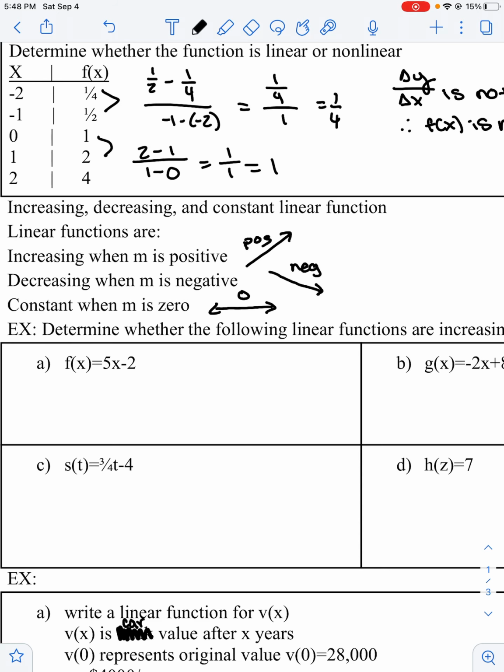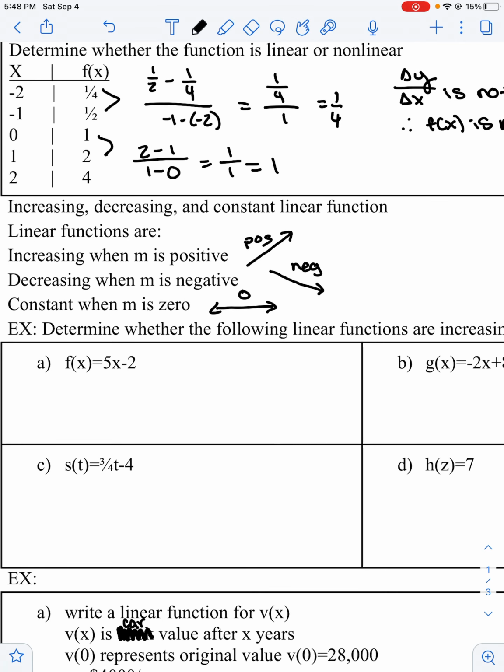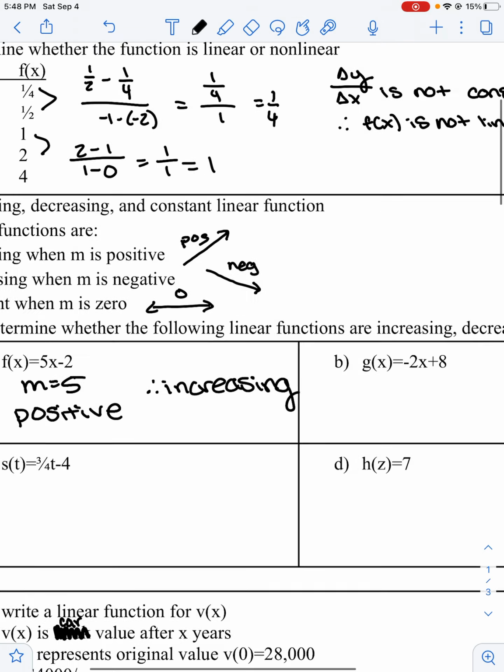And so we want to look at the slope. So whatever number is next to x. So in this case, our slope is 5, which is positive. So that means the equation on the graph would be increasing.